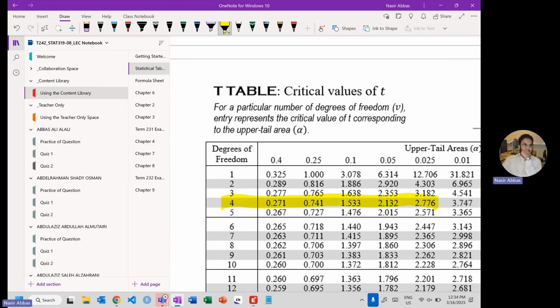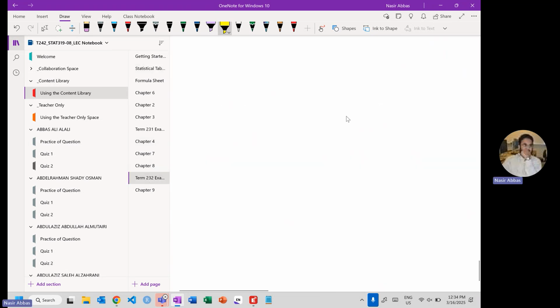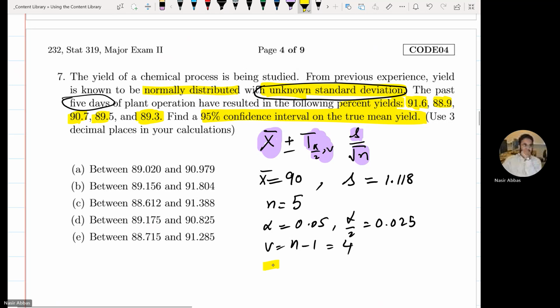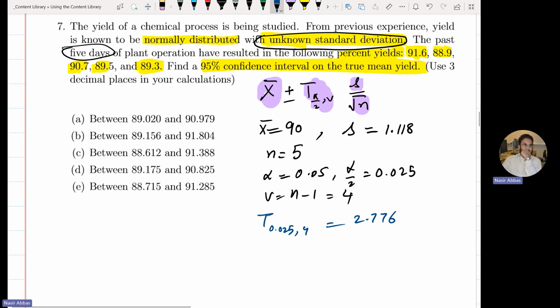What is the value? 2.776. So T 0.025 with 4 degrees of freedom is 2.776. So take everything, plug it in.